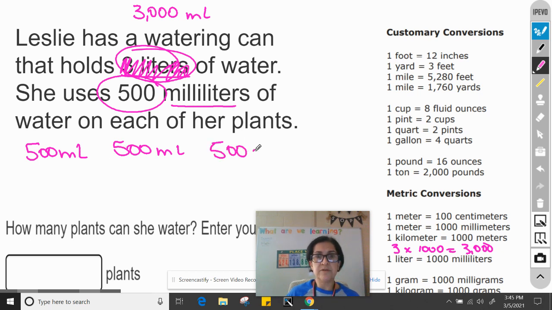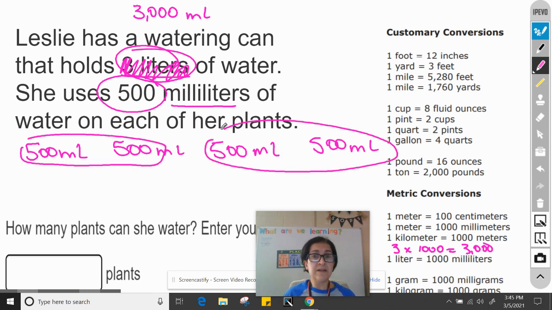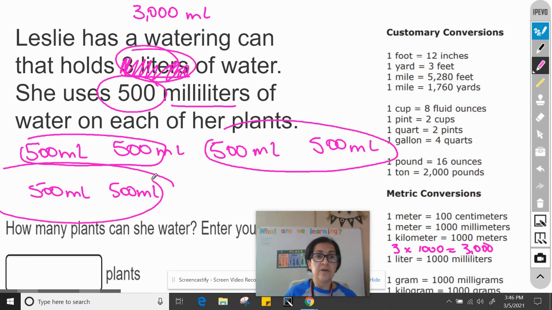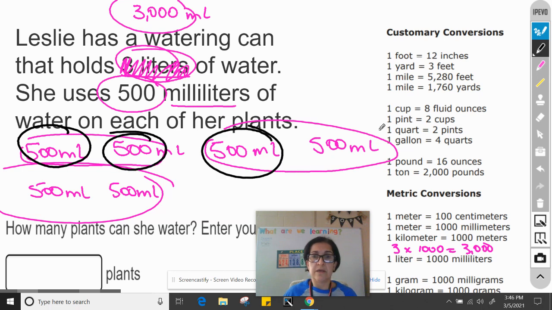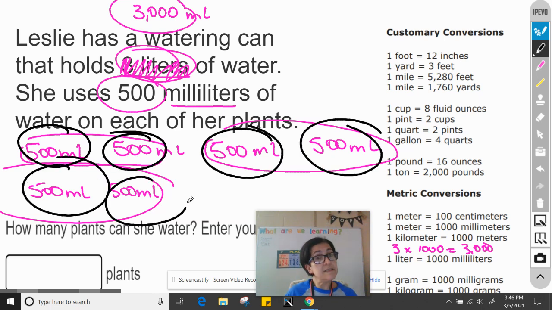Then another 500 milliliters is another plant, and another 500 milliliters. So here I have 1,000 milliliters, and another 500 and another 500 here. So it's 1,000 plus 1,000 plus 1,000, that equals 3,000 milliliters. How many plants was I able to water? 1, 2, 3, 4, 5, 6. 6 plants. This is 2 steps.